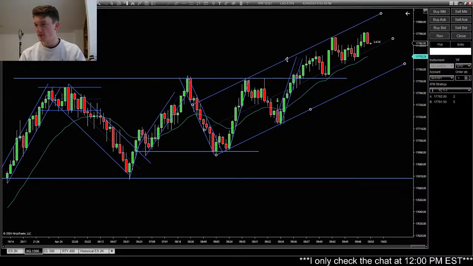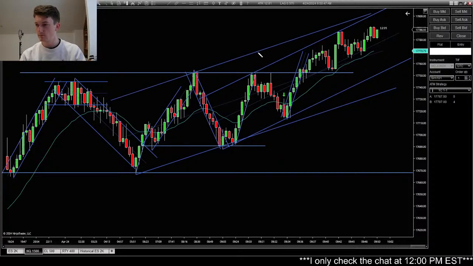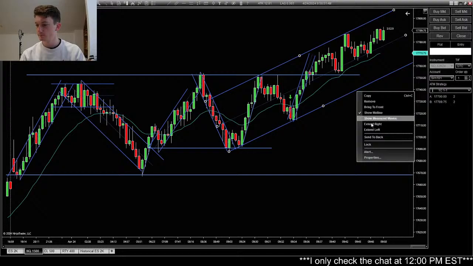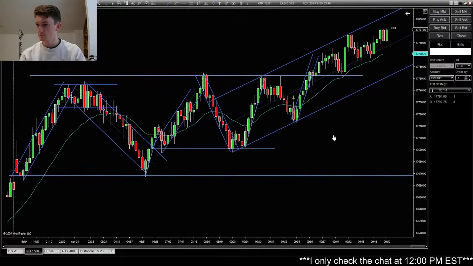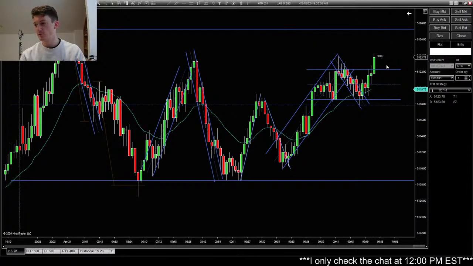So far this uptrend is looking right on the NQ, but I'm definitely a bit uncertain about it. It doesn't look any better. Yes, this uptrend has a break of a new high.